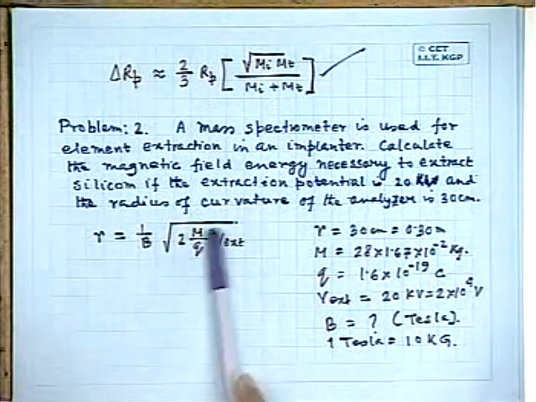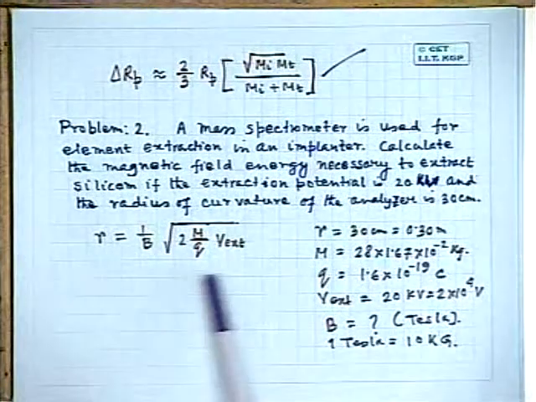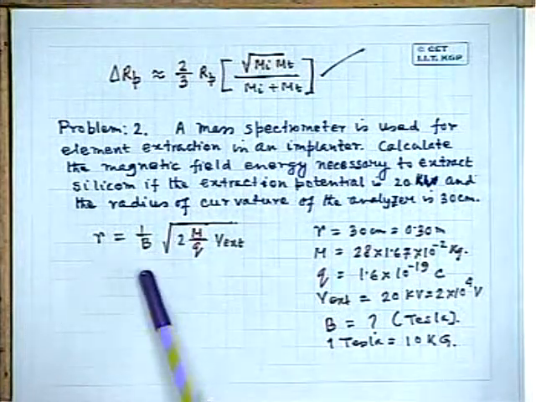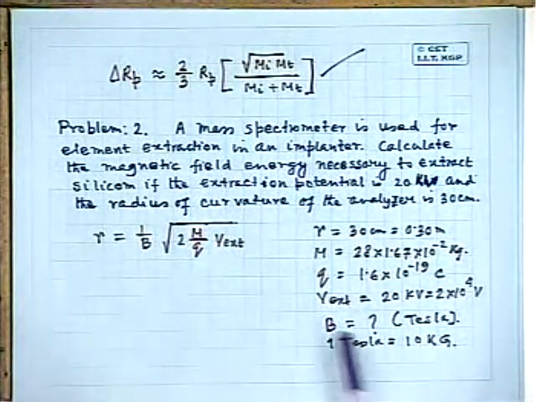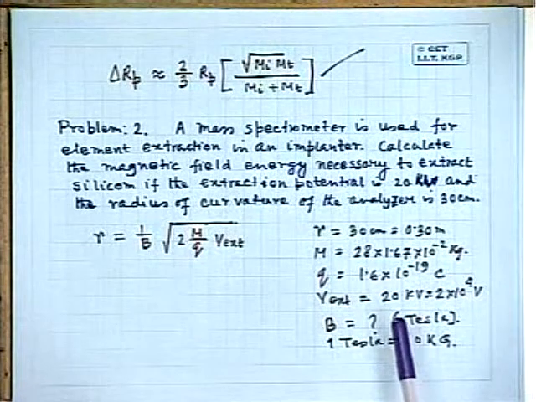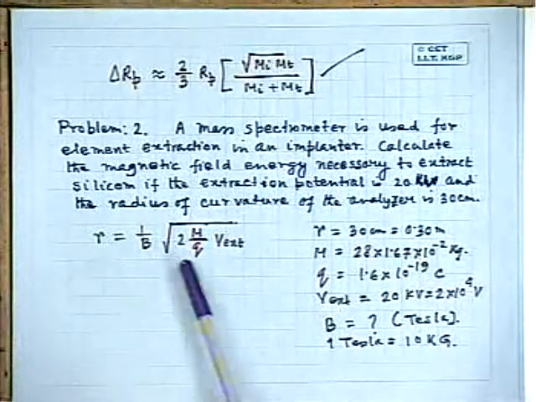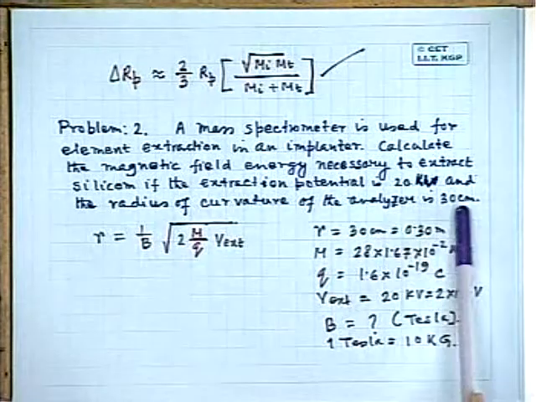Here it is not an impurity, they want to extract the silicon, and the relation is R equal to 1 by B under root 2 m V by q, where V external is the 20 kilovolt. So here R is 30 centimeter, that is given.